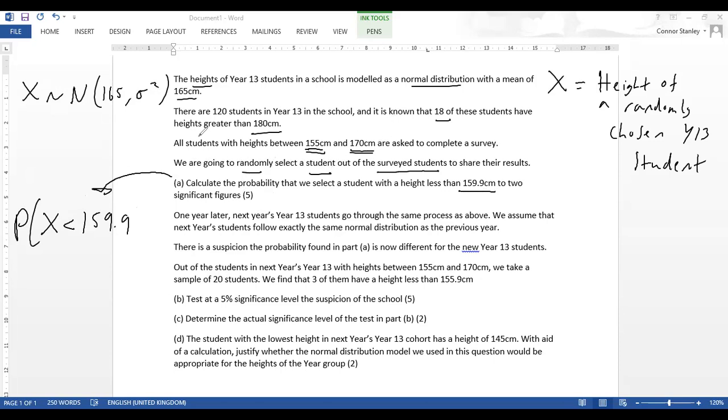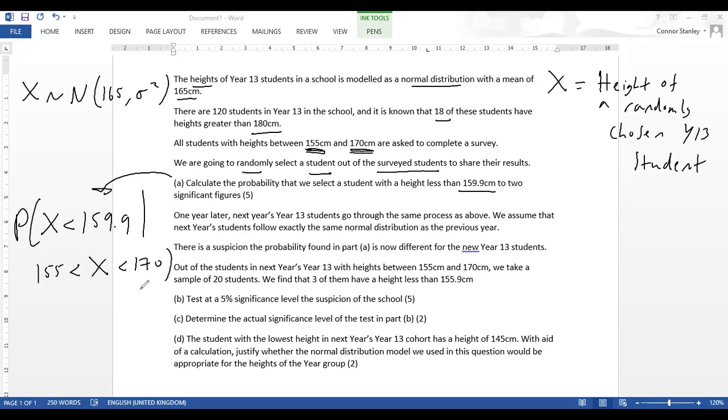Who are the surveyed students? The surveyed students are students who have a height between 155 and 170. So what is the probability that we select someone with a height less than 159.9 centimeters, given that they have a height between 155 and 170?